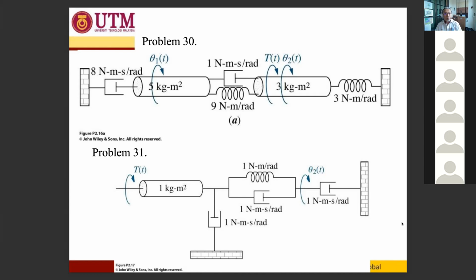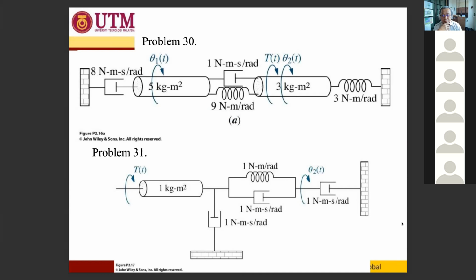So you are given problem 30 and problem 31. This problem is without the symbols of J1, K, and D, so the values are already given. The damper value on the left is 8 Newton meter second per radian, in the middle 1 Newton meter second per radian.